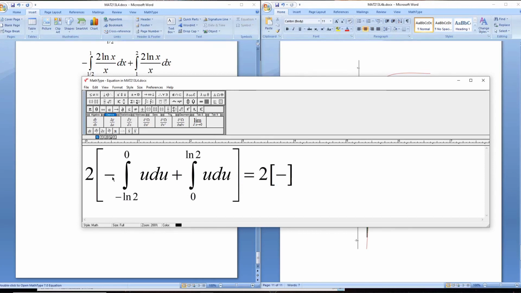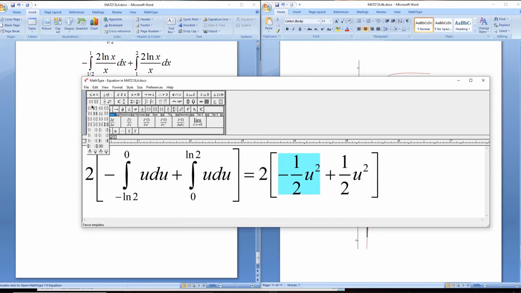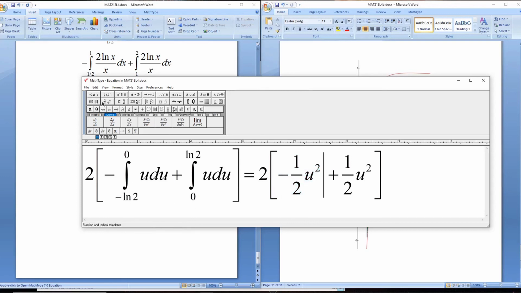And I'm going to stick the minus on there for the first one. And the integral of u is 1/2 u squared. And then that's also, of course, the next antiderivative, because both integrals have the same antiderivative here. It's only the limits that are different. So it's the same antiderivative, but it's the limit when we do the fundamental theorem of calculus that's different on them. So this first one goes from minus log 2 to 0.